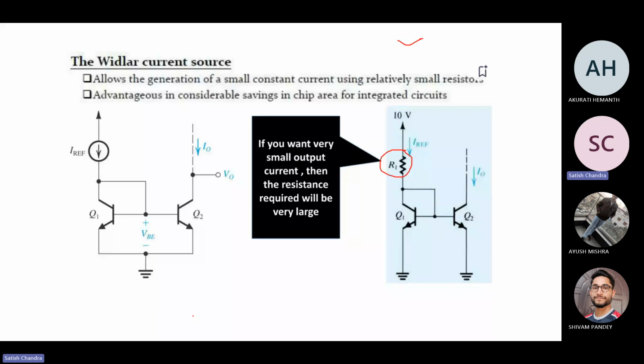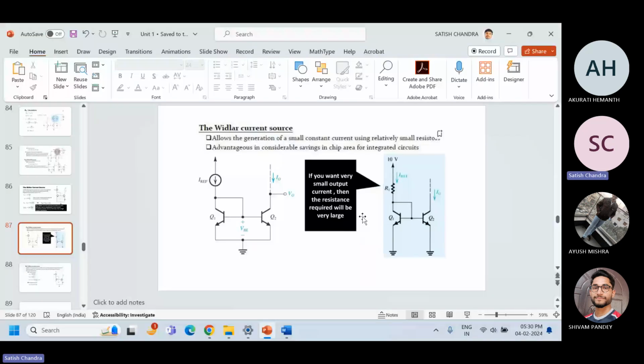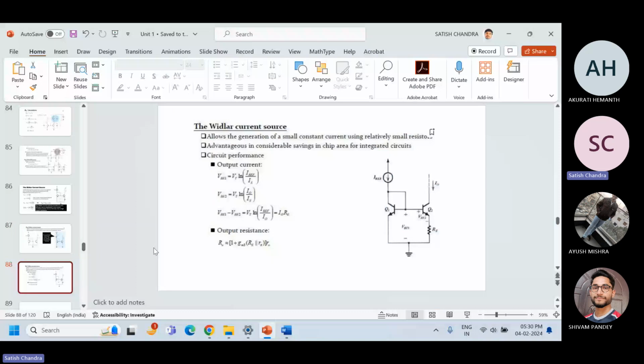So I'm going to end here. Next Saturday or Sunday, we're going to slot another lecture. Just go through this. I will share this PPT in the group and you can go through this particular PPT.